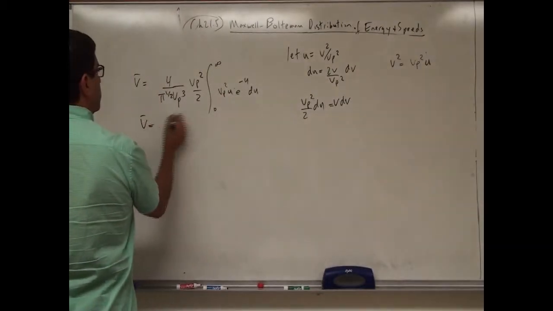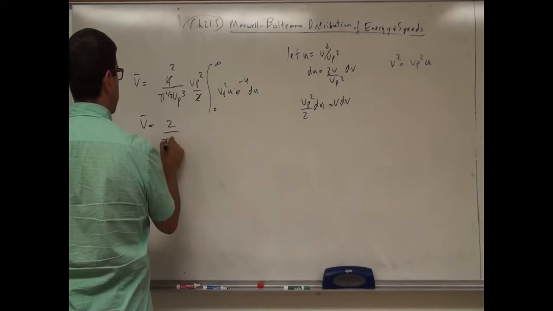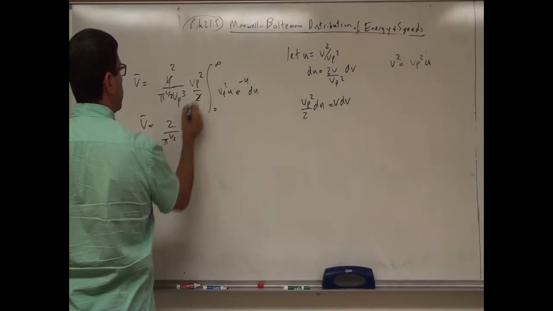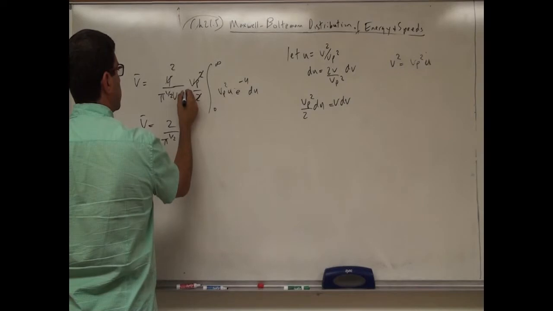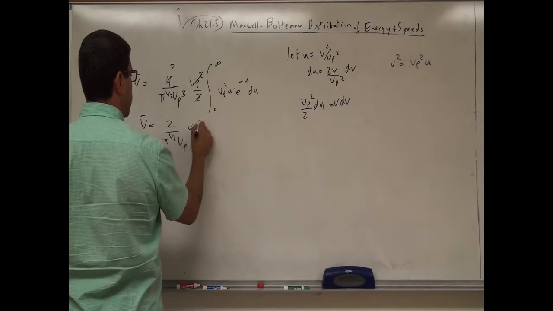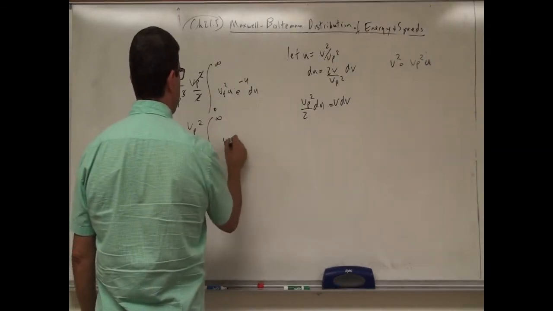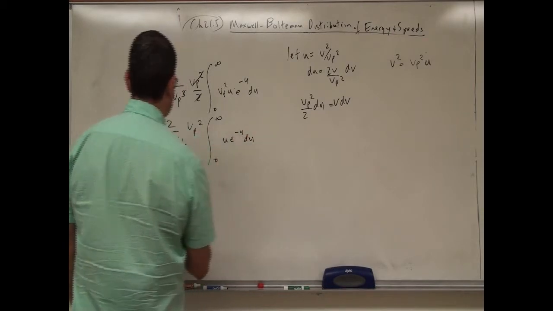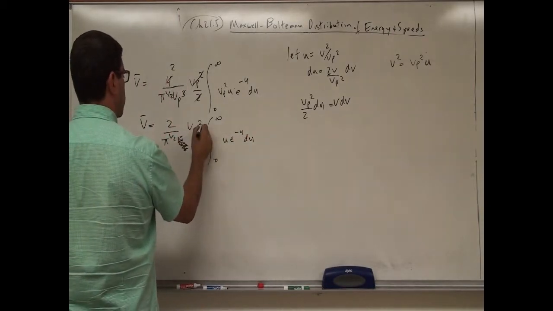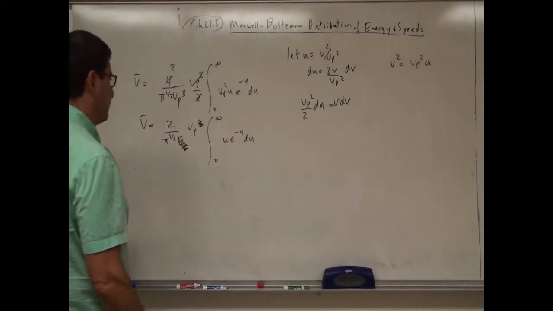Let's see what happens here. So this 2 cancels, this one becomes 2 over pi to the half. Then Vp squared cancels the one of this, so you have Vp, right? But then another Vp squared comes out. So then you have here integral 0 to infinity u e to the minus u du. And then the Vp cancels this Vp, and then you basically get that, right? So this is V average.